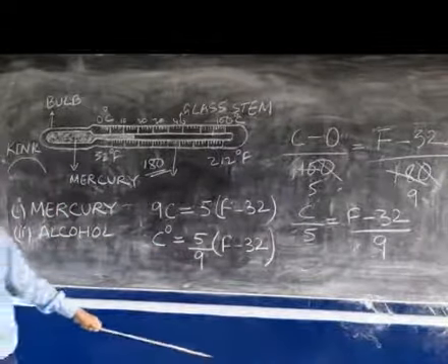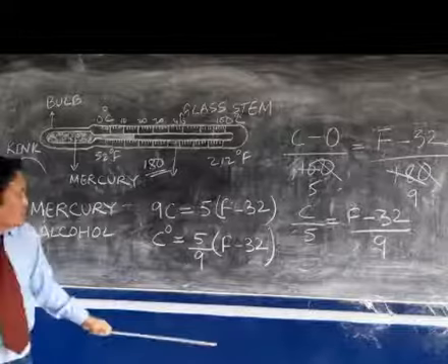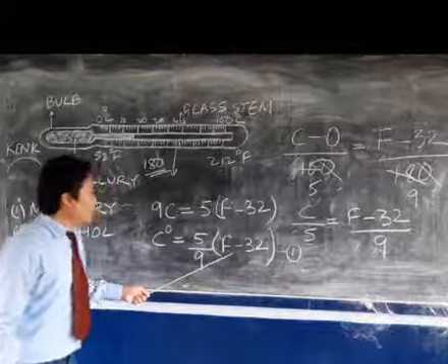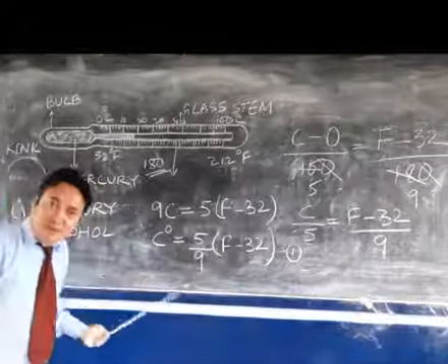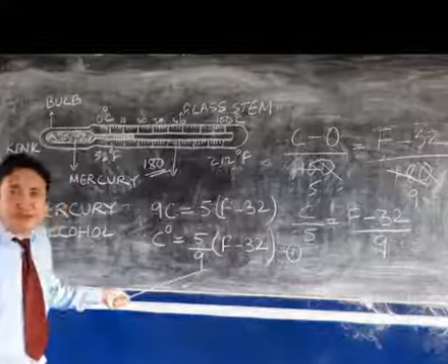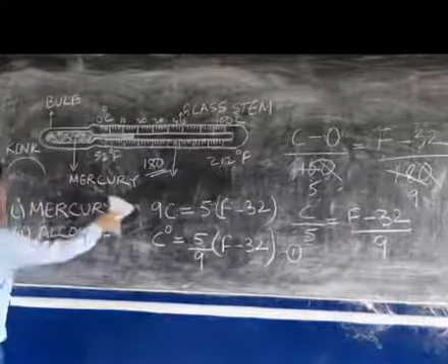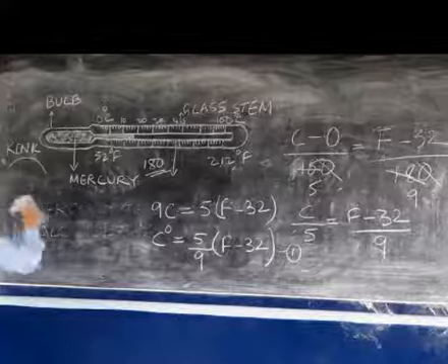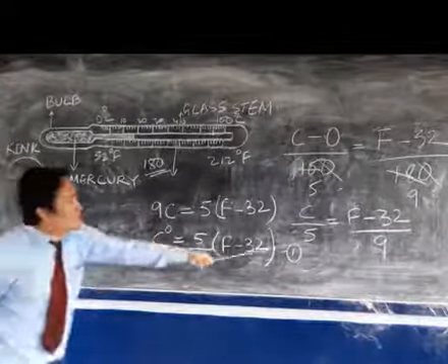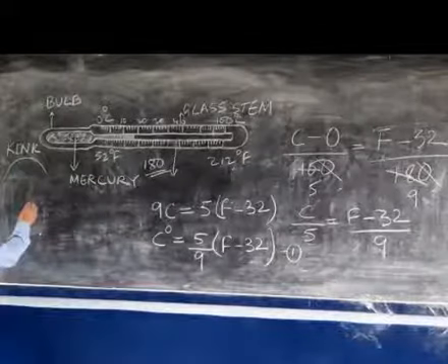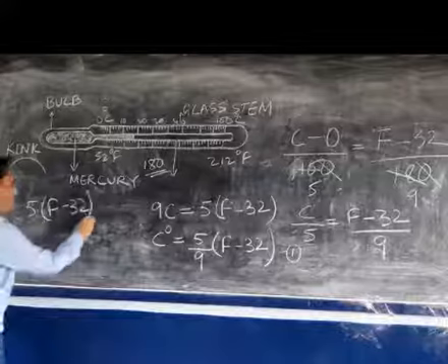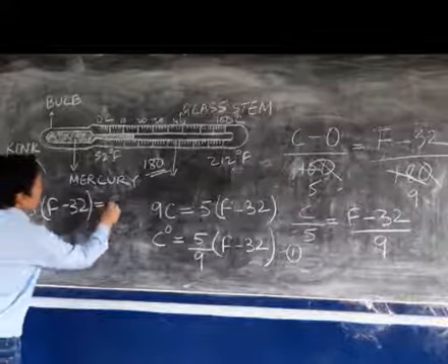This is the first formula to convert the Fahrenheit scale into Celsius scale. Second one, again the same thing you will do. Now you cross multiply from this side. 5 into F minus 32 equals to 9C.